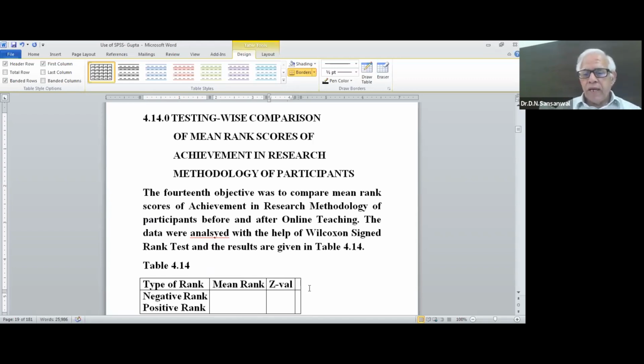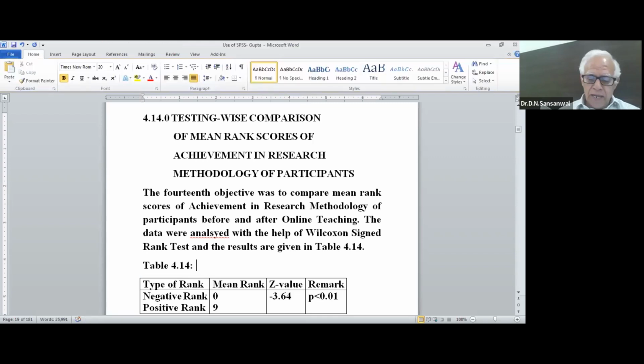And you can write your mark here. So here my mean ranks are 0, and in this case it is 9. And my Z value is minus 3.64. And this value is significant at 0.01 level. So this P should be small.